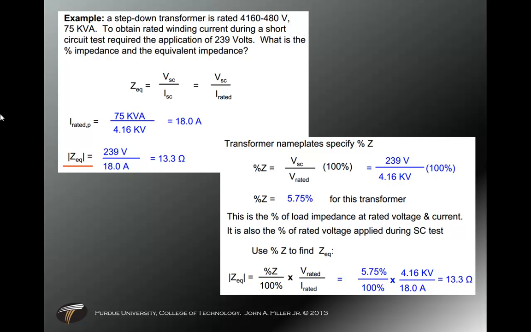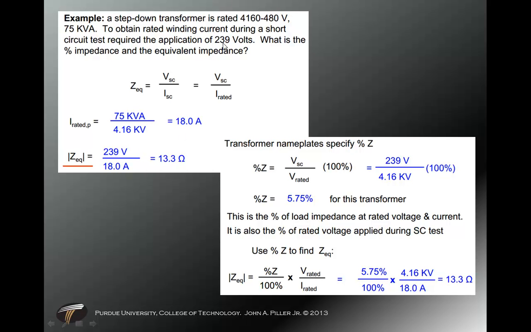Again, you don't want to use more than rated current in this test because you'll burn out your windings. So we go to rated current, we find a primary voltage value that takes us up to I rated, and then we measure the short circuit voltage. So I rated, in this case, is 75 kVA divided by 4160. There's your primary side I rated.